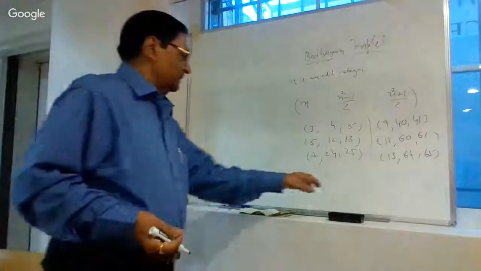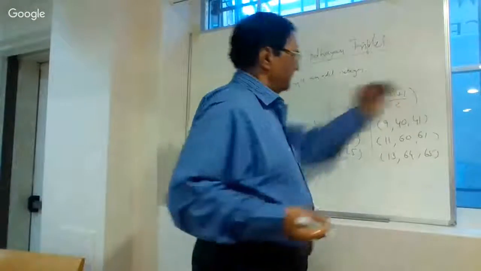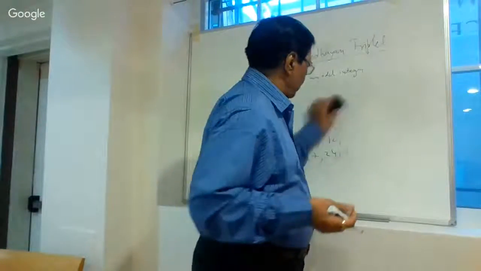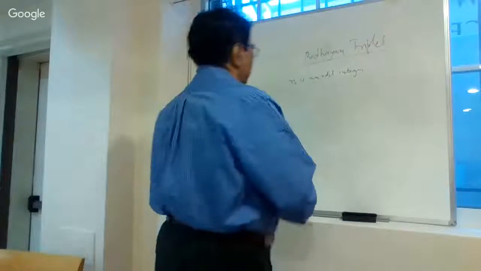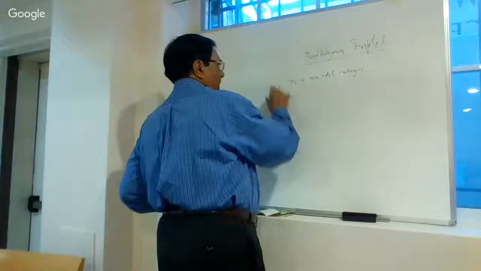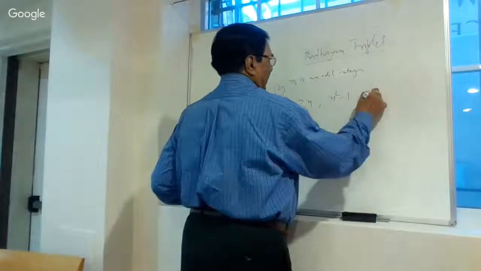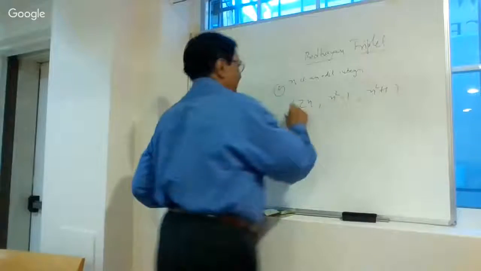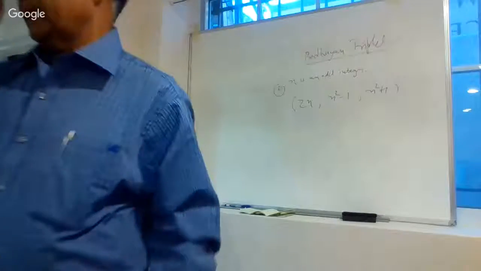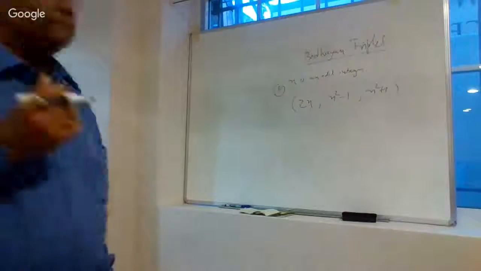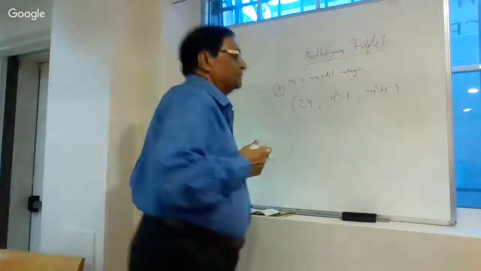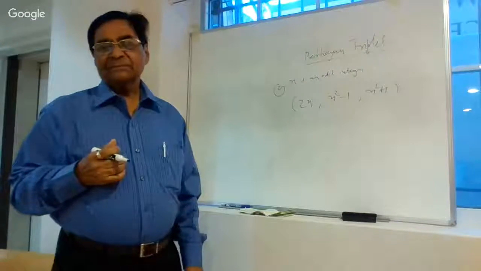Well, the second one will be 2n, n square minus 1, n square plus 1. This is also a Pythagorean triplet.